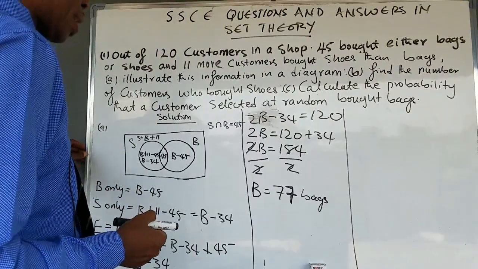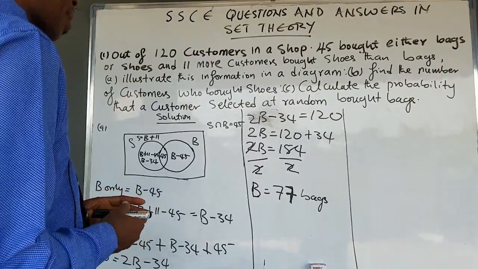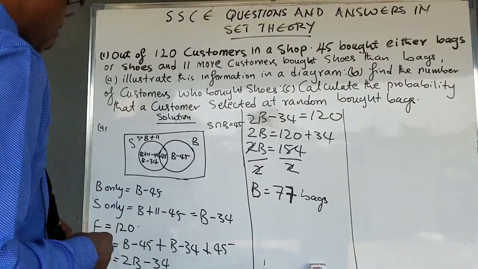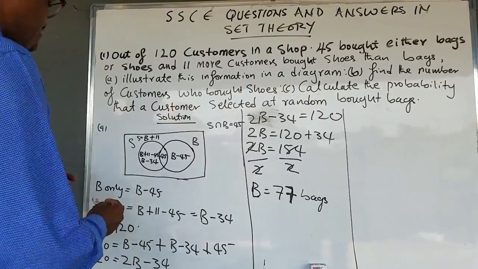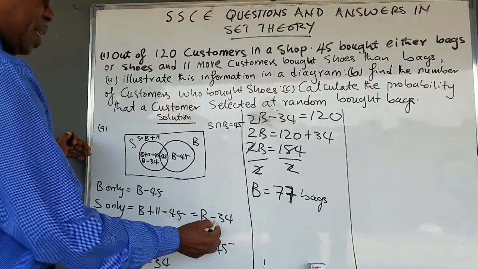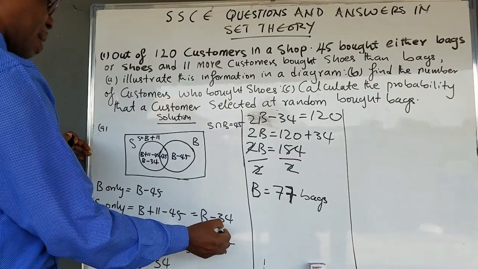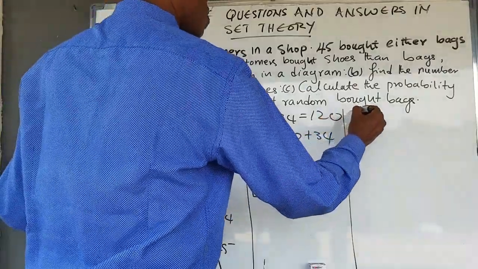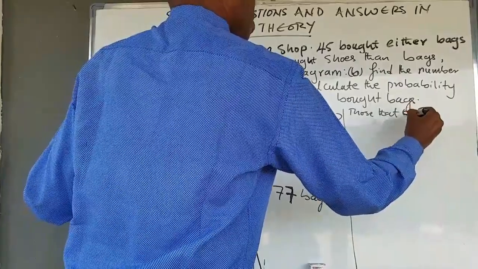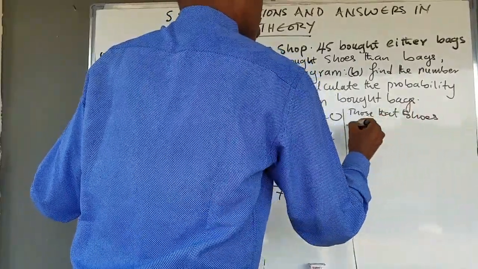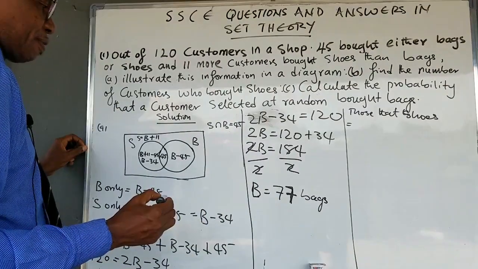Okay, now since we have gotten the value of B, and the examiner is asking us to find the number of customers who bought shoes. Now, if you come back to our format here, those that bought shoes is B plus 11, that is, B minus 34 as written, so we have shoes equal to B minus 34.